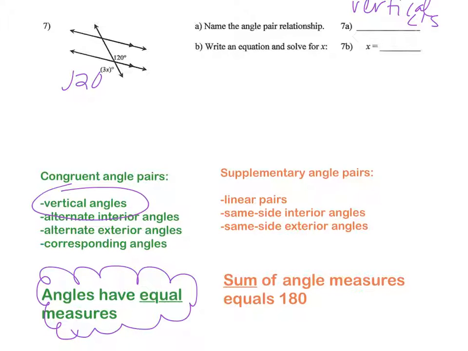So when we set up this equation, we're going to say that the angle represented by the expression 3x must be equal to 120 degrees. So now if we just divide both sides by 3, this one's actually an easier one to solve. 120 divided by 3 is 40. X is equal to 40.